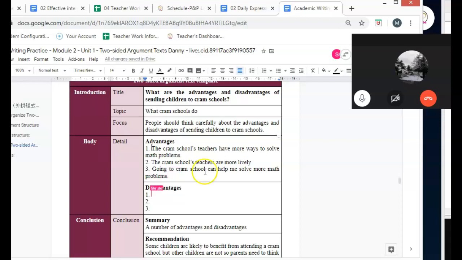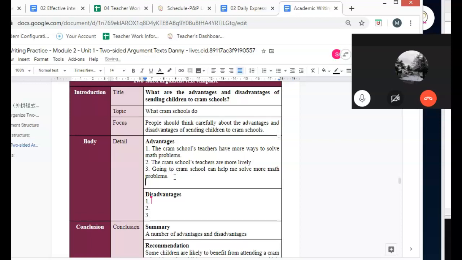Okay. So your answers on this advantage are more on math. Okay. I want you to give me one more example of an advantage, but not because of math. Maybe about your ability, about your skill. What did you learn from that? So you can use a different idea. So it's not about math, but your skills, yourself. Okay?